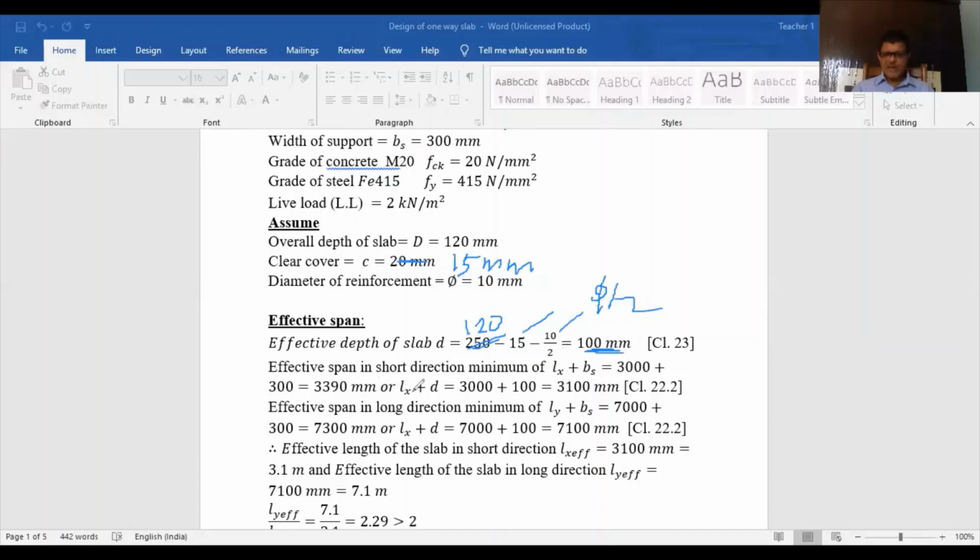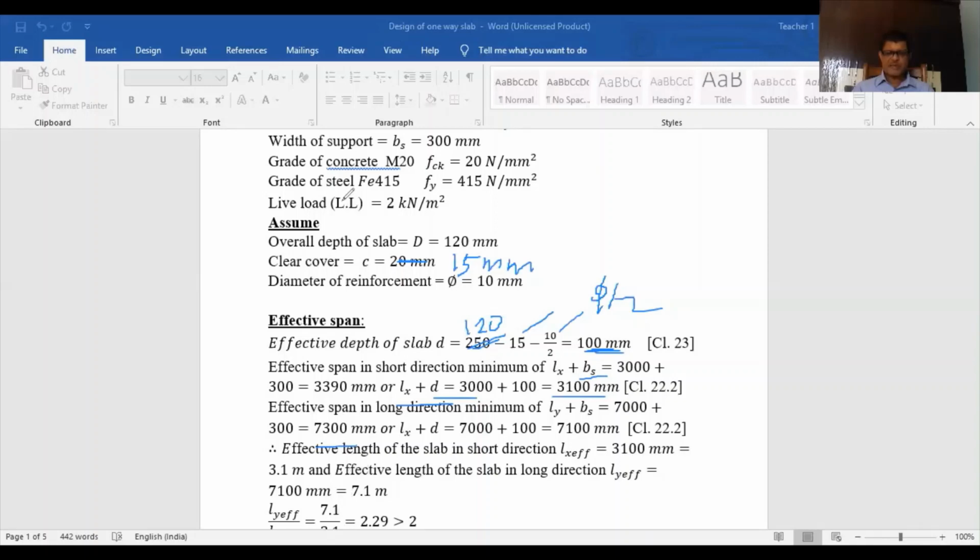Now what is the effective span in the x direction and y direction? We have seen that effective span is equal to the clear span plus width of support, or clear span plus effective depth, whichever is less. So in both cases it is the clear span plus d effective: here it is 3100, and it is 7100. So what is Ly by Lx?